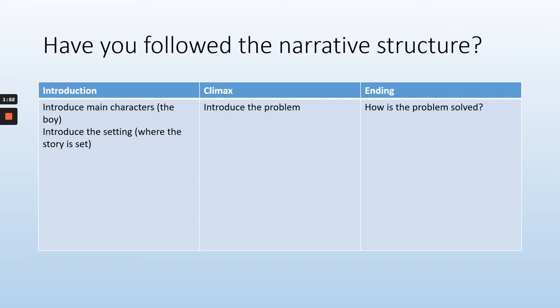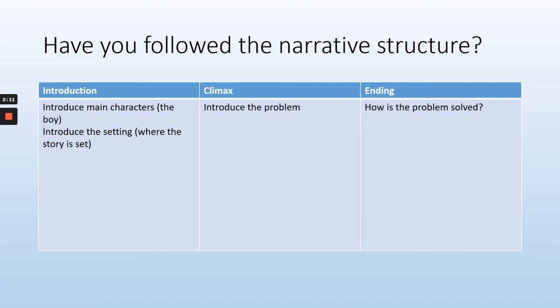So, we're going to be checking that we have done all of the things we need for an engaging retell. Firstly, have you followed the narrative structure of introduction, climax, and ending?